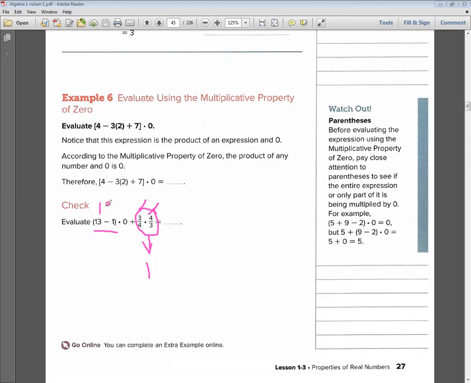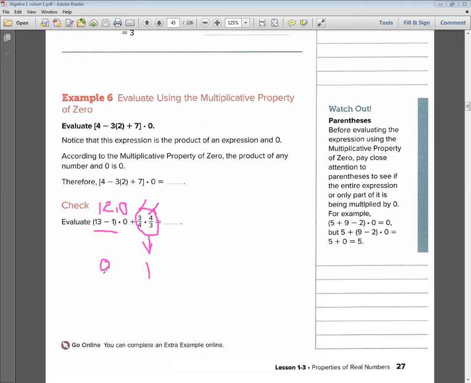Now multiplying 12 by 0, 12 multiplied by 0 is 0. Why? Because it's a property. Multiplying any number by 0, I'll get 0.